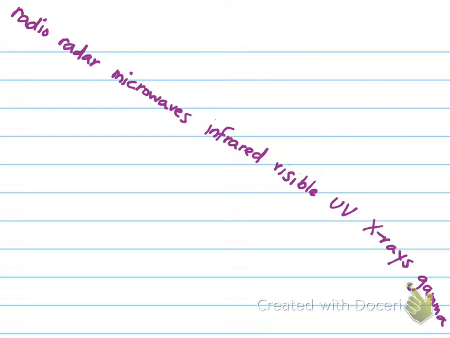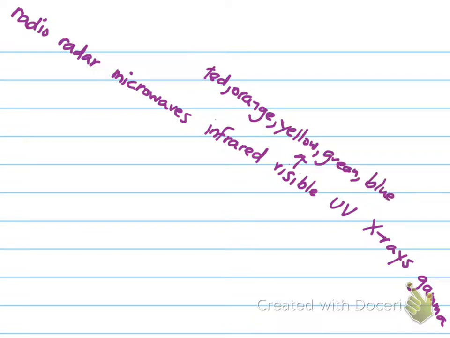Now, the visible spectrum includes all the different colors of light. So this visible spectrum, I can get more specific. This is going to be the Roy G. Biv that you've probably learned at some point in the past, right? So this is going to be red, orange, yellow, green, blue, indigo, which really is a different color, and violet.